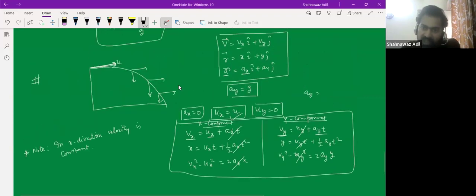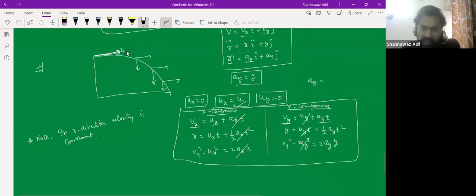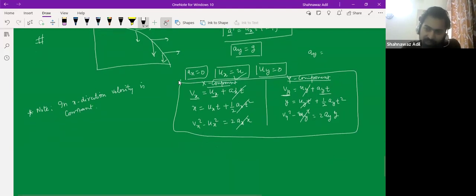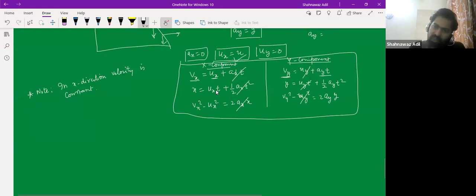What we were discussing is that we are throwing this object without any angle. So this is horizontal projection, right? In horizontal projection, what are the final velocity, time of flight, and range? We want to find all these things out.